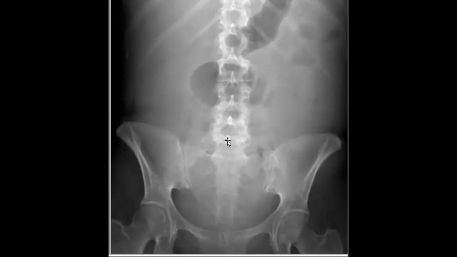Free fluid and the solid organs have similar densities. The central location of the bowel is characteristic. And if you look in the abdomen itself, there is hazy density. So this is the characteristic of ascites.